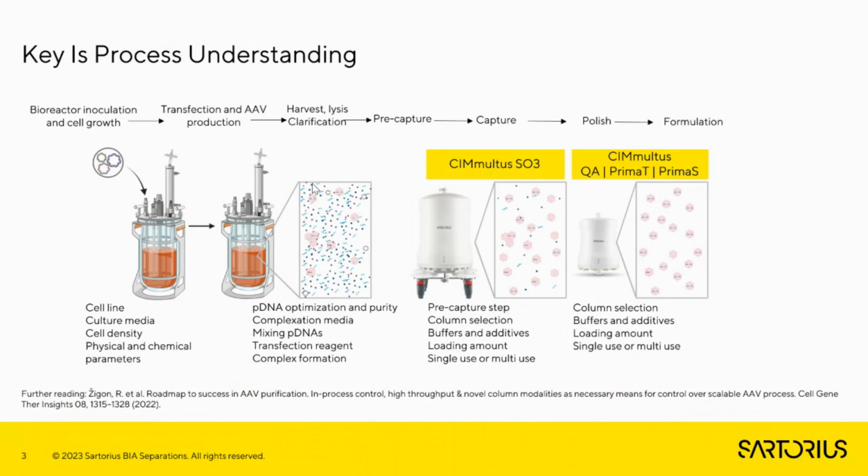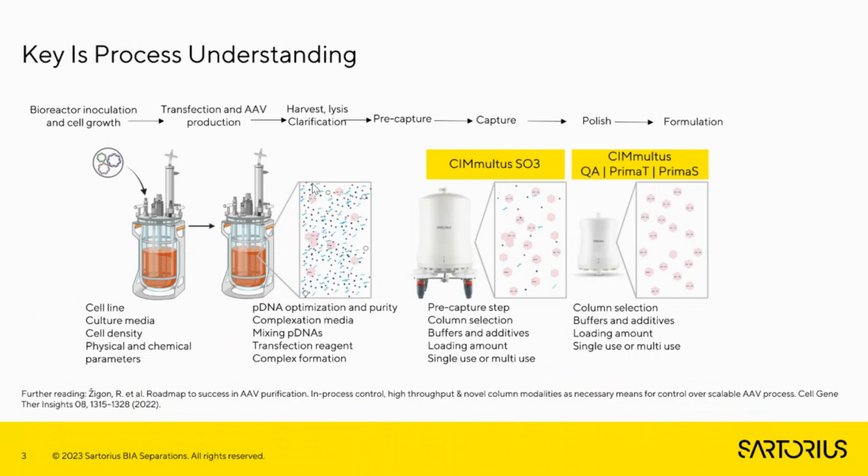We strive to achieve the highest purity of functional and potent AAV, accounting for all steps from upstream to downstream. Having this in mind, the key thing is that we understand the process. Therefore, although today's webinar is aimed towards the polishing step and how to enrich our AAVs, we will go through all of the critical parameters and critical steps. We will still focus on the downstream part, but upstream is also a big part of it.